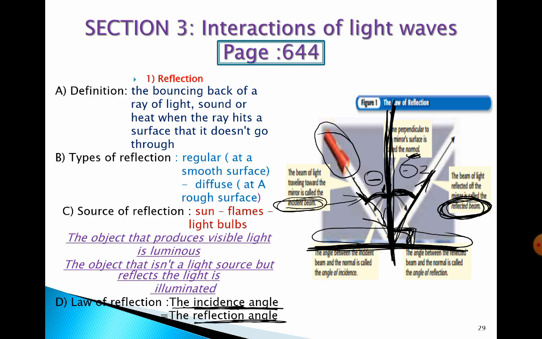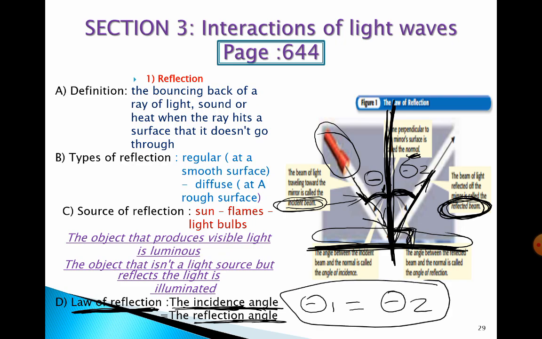So the law of reflection is: the incidence angle theta 1 equals the reflection angle theta 2. When I ask you the law of reflection, you should say theta 1 equals theta 2, or the incident angle equals the reflection angle. Easy.